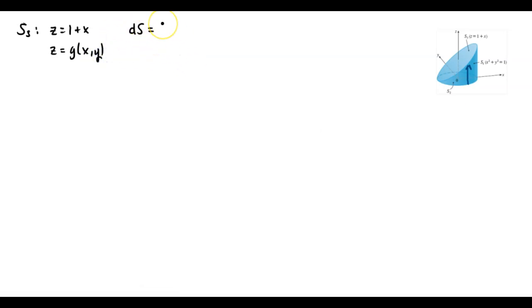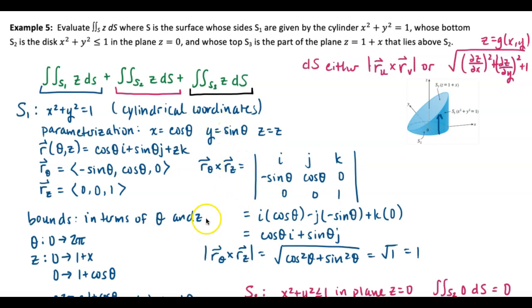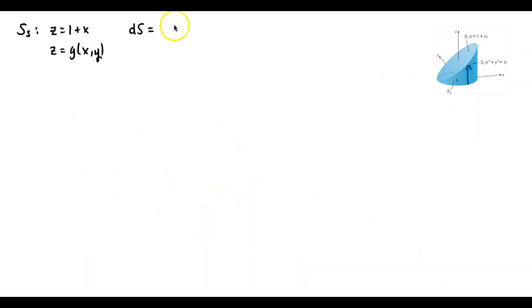And so rather than doing this cross product that we did with the first surface, we can just use that shortcut. And we know that dS is just the square root of the partial of z with respect to x squared plus the partial of z with respect to y squared plus 1, which in this case, partial with respect to x is just going to be a 1.